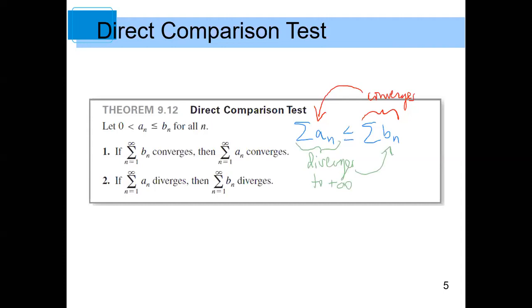It's very important that we be dealing with series of positive terms here. Otherwise, we can get into some monkey business. So if the upper series converges, so does the lower series. If the lower series diverges, so does the upper series. That's how direct comparison works. Does that make sense? Hopefully that makes sense.